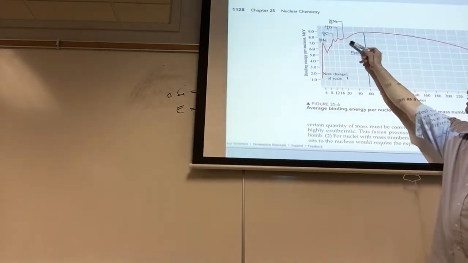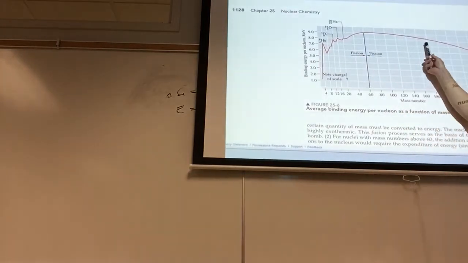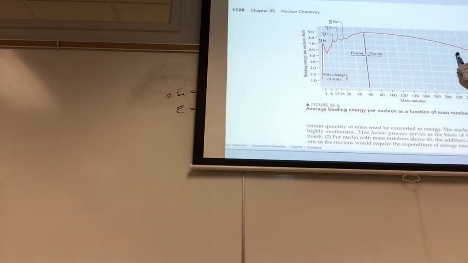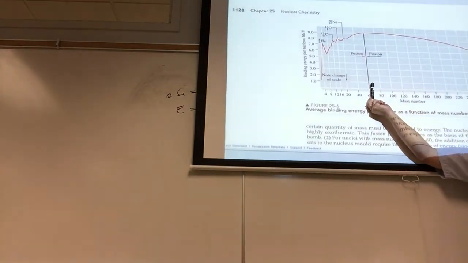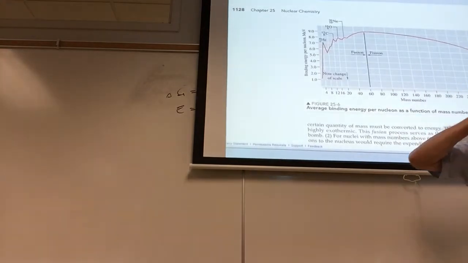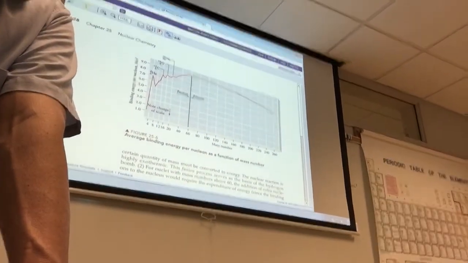But you notice that the lighter elements are less stable, and the heavier elements are less stable. And so the most stable tend to be in the middle. And so in nuclear reactions, we want to go from less stable to more stable, right?